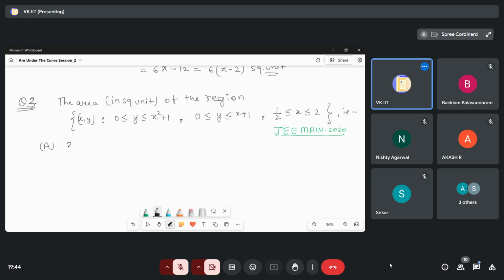Options are given here. A option is 23 by 6. B option is 79 by 24. C option is 79 by 16. And D option is 23 by 16. Take 1 minute and try to solve this.